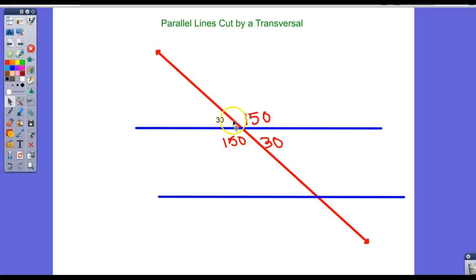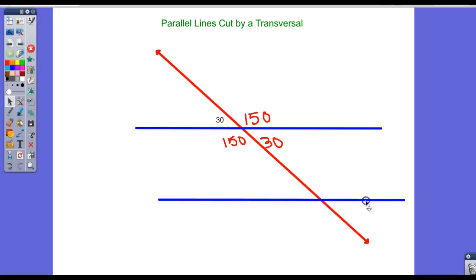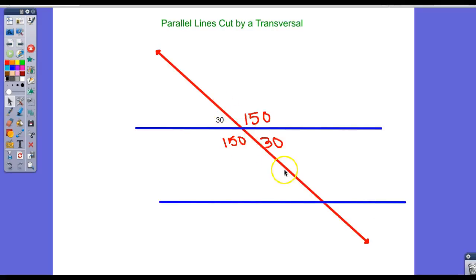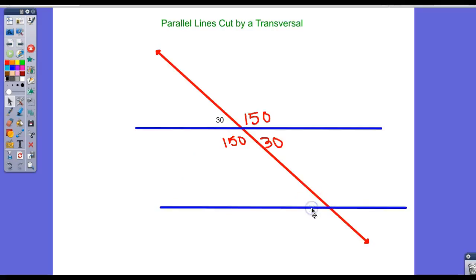Lines have a constant rate of change. So this one is not going to suddenly change direction here. This is going in the exact same direction. And this is going in the exact same direction. And that means that this line must be meeting this line at the exact same angle that it's meeting this line, because all these lines are still going in the exact same direction.